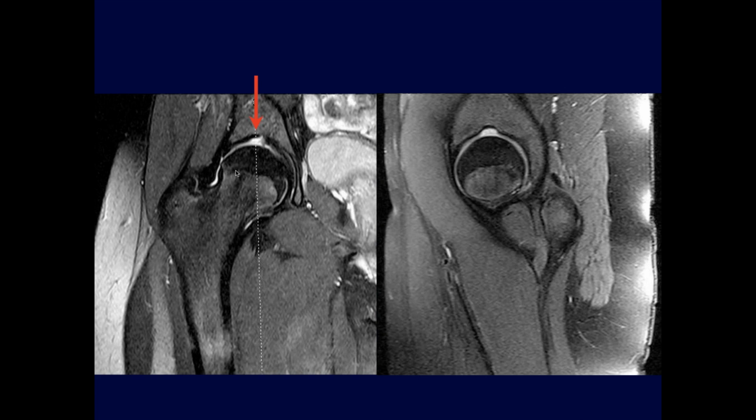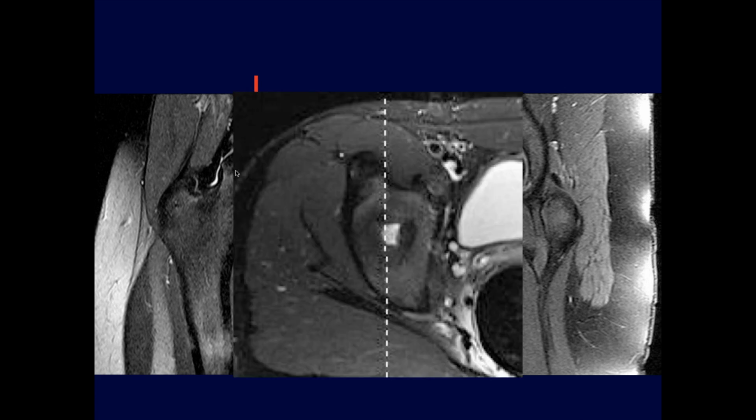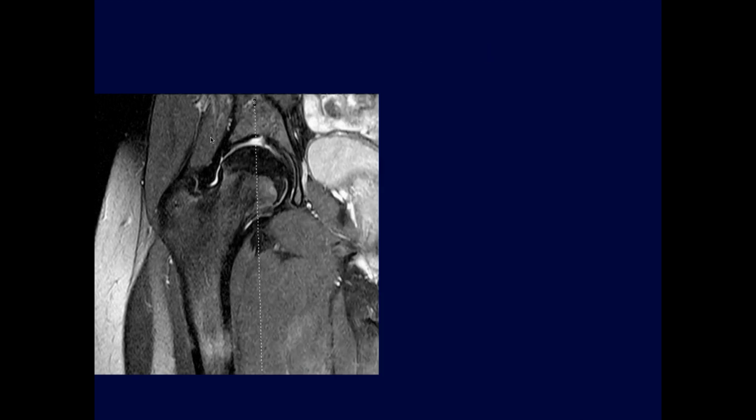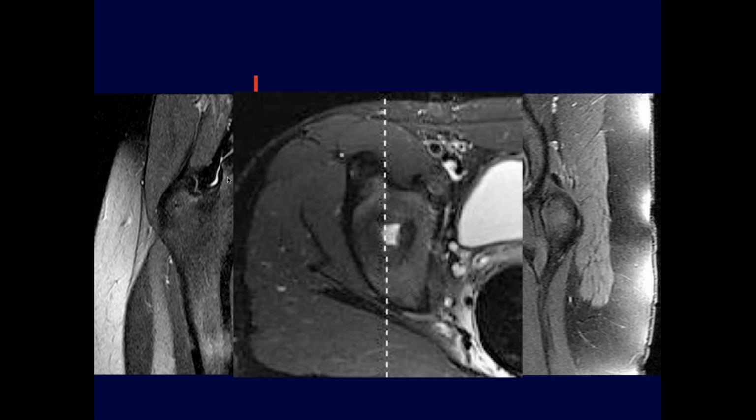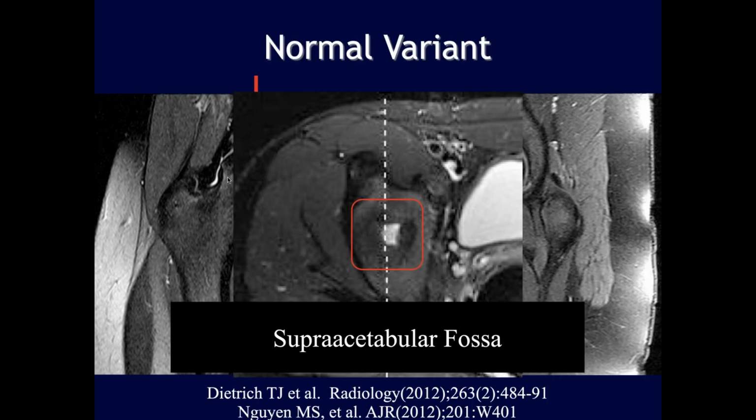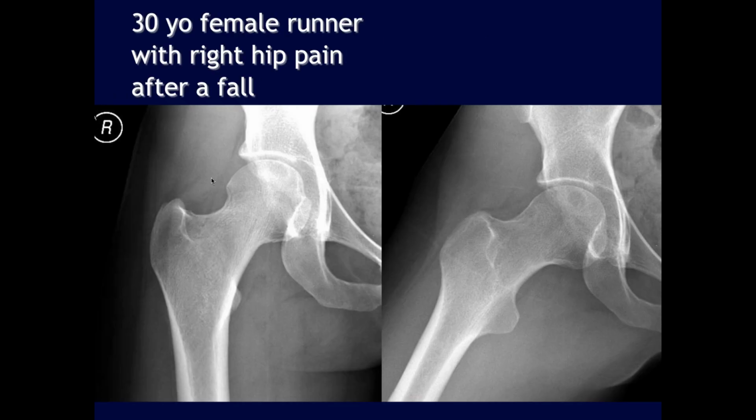I think that's a supraacetabular fossa, and this can be a normal variant. Right. So you can get a normal variant right here at the 12 o'clock position like this, or a little bit over, more toward kind of halfway between the 12 o'clock position and the fovea. So this is called a supraacetabular fossa up in this location. Let's see, we'll see some more variants here in a minute.